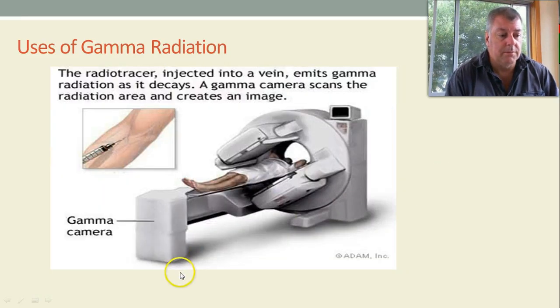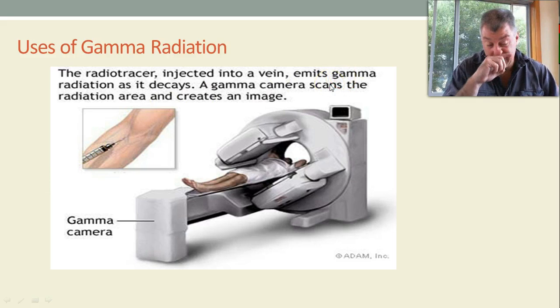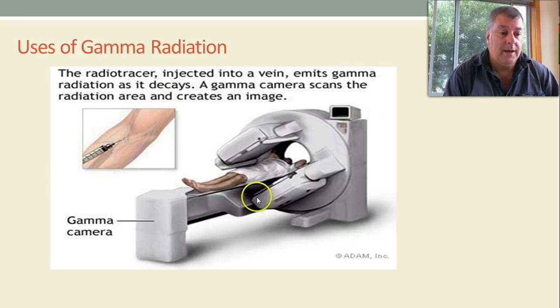There's a lot of medicinal uses for it in medicine, and one way is using a radio tracer, which is just another word for an isotope that gets injected into the body, and it emits gamma radiation, and you want gamma radiation so it actually gets out of the body, doesn't get absorbed by the body, which is different from when you get something where you actually get an alpha or a beta emitter injected into you, and you want it to go to the cancer and kill the cancer cells.